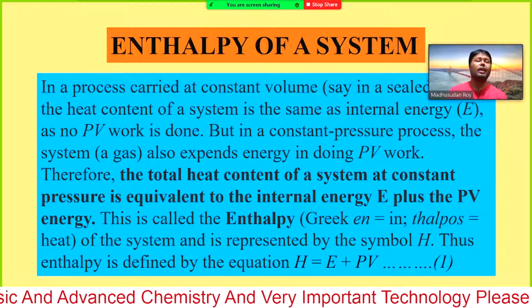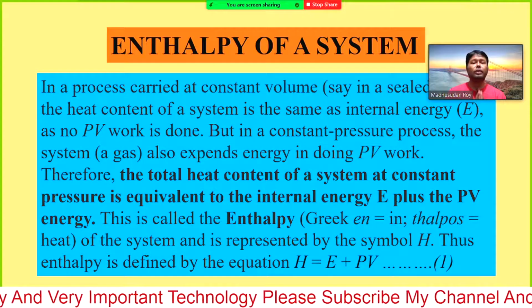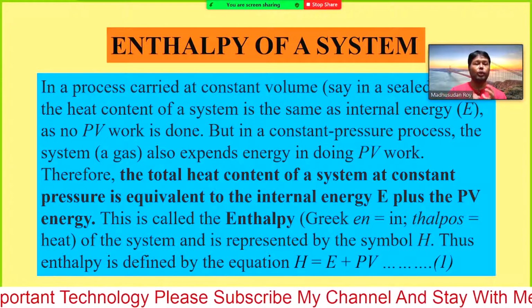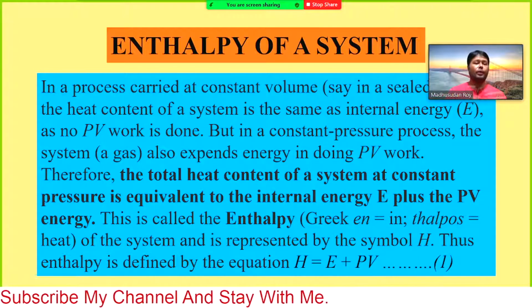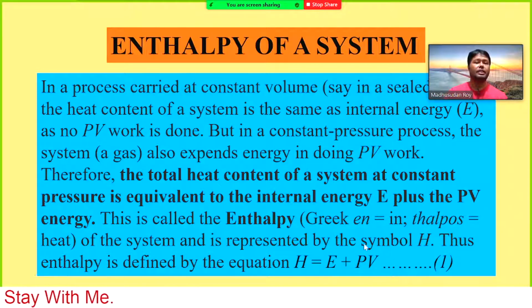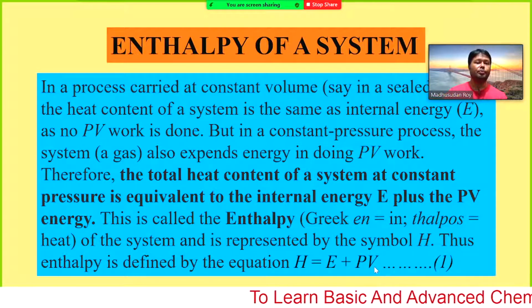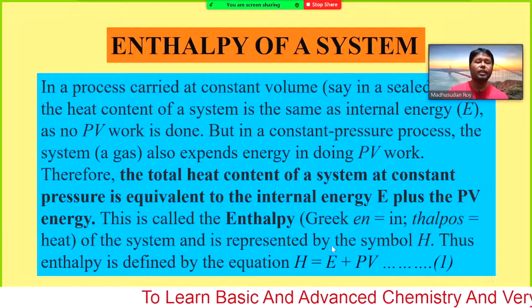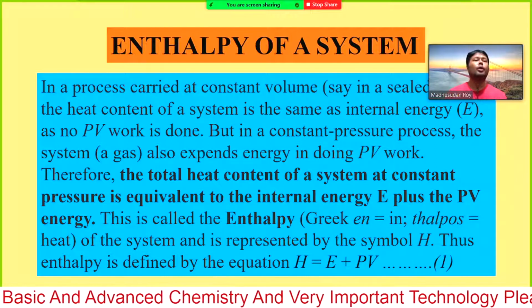So the total heat content of a system at constant pressure would be equal to the sum of internal energy plus the PV energy. PV energy means the work energy due to the expansion or compression or change in volume. So if you can remember this equation, then you can easily define the enthalpy of a system.